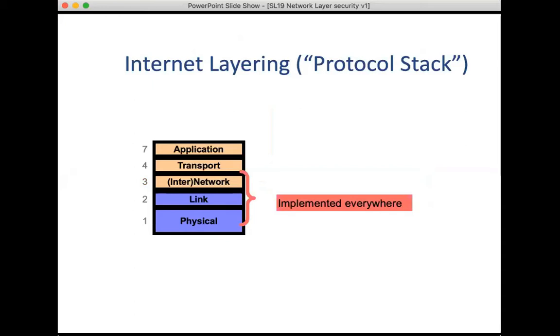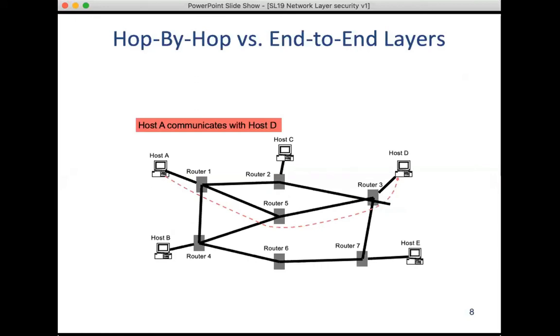Of course, an end machine like your laptop will also have transport and application layer. However, some routers in between may have just three layers: physical, link, and network. They may not have transport and application layer, because transport and application layer essentially work end to end. So this diagram we have discussed in the last class as well.